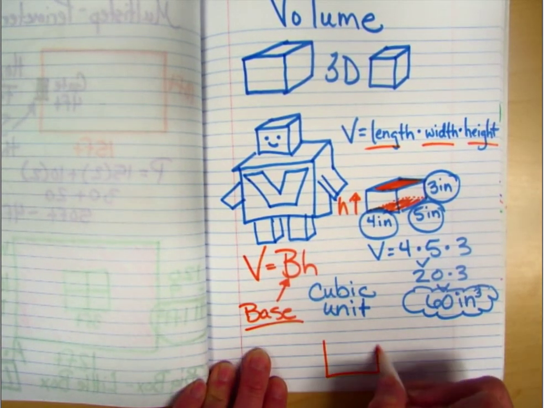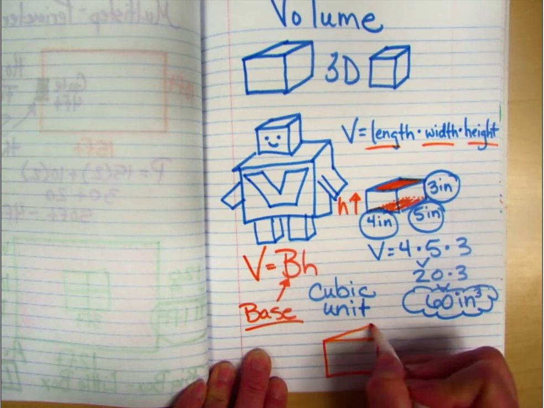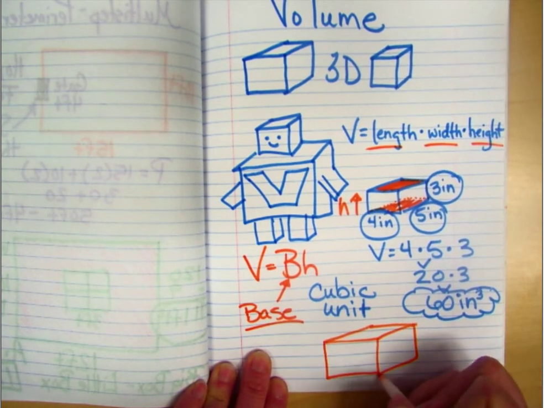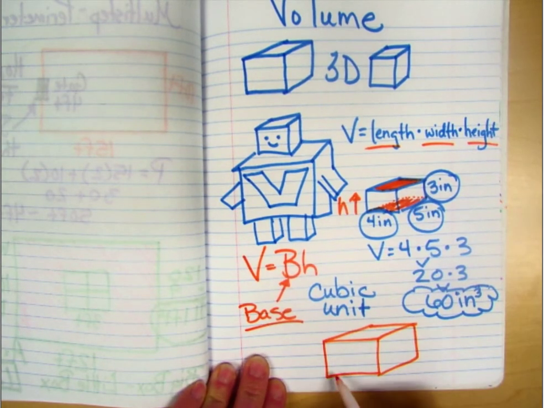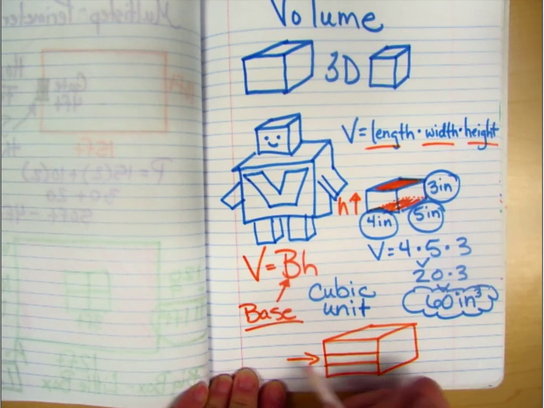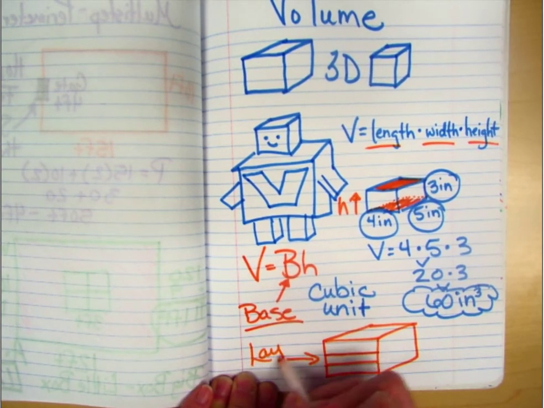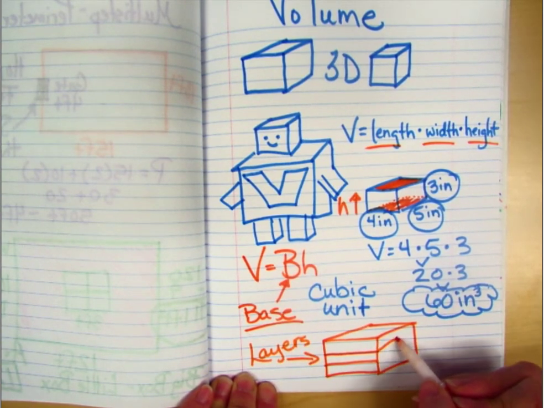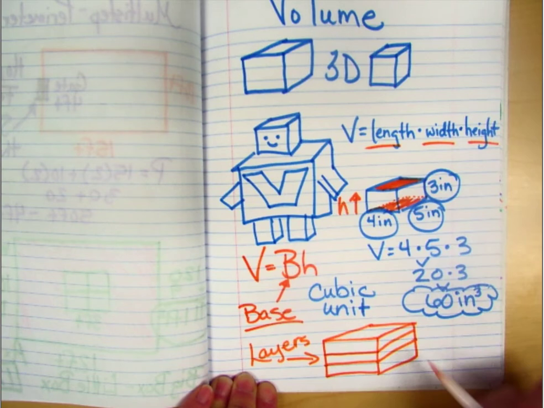Also, sometimes they'll have actual pictures of tiny cubes representing the units. On those, sometimes it'll talk about there being layers. If it's layers that it's talking about, those layers are how many stacks of cubes are on top of each other.